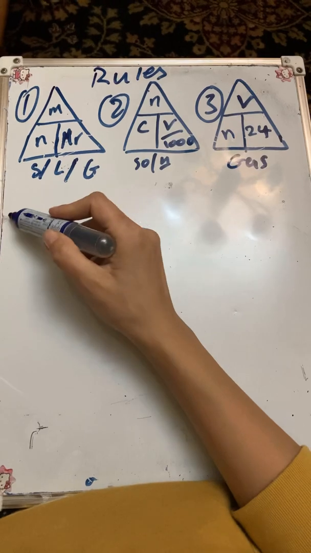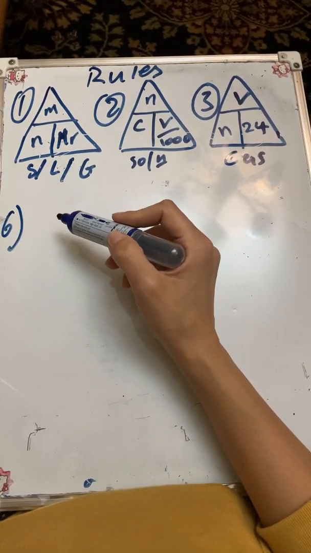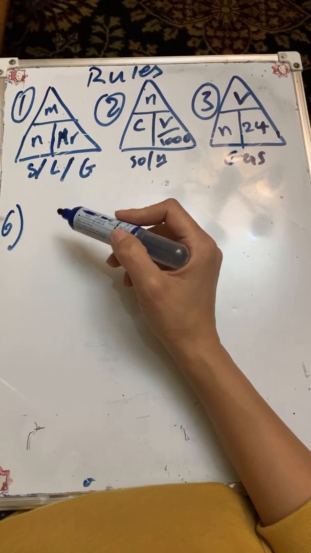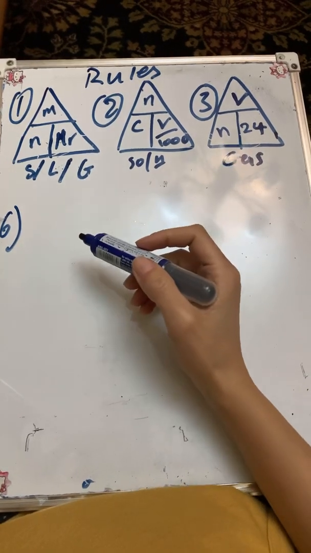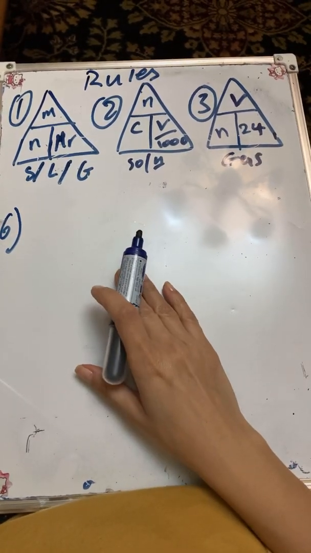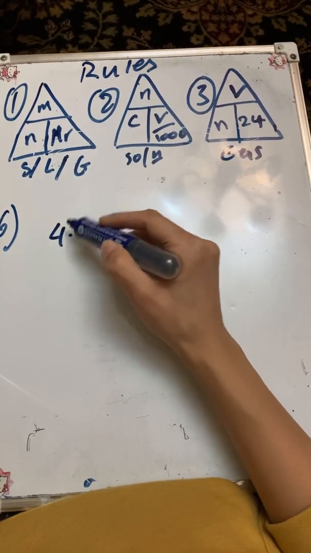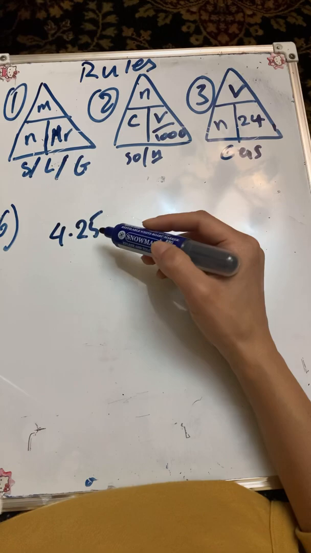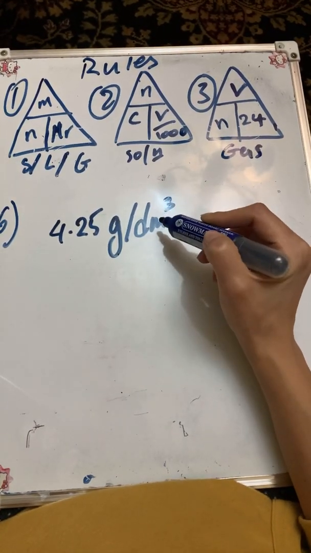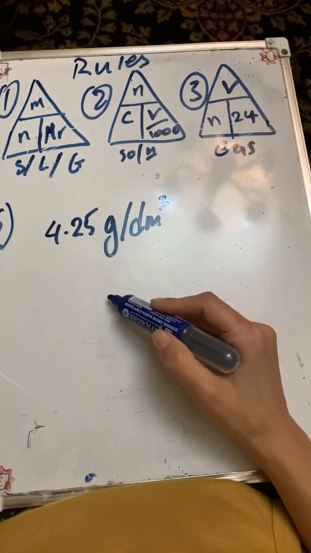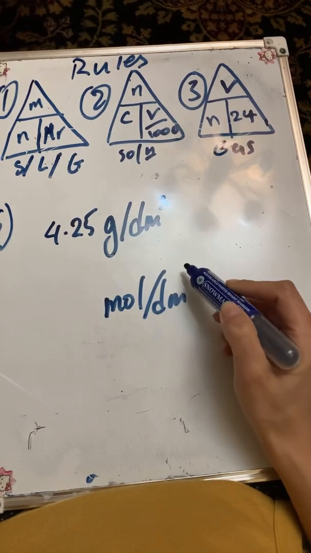Question number 6. What is the concentration in mole per decimeter cubed of 4.25 grams per decimeter cubed of sodium hydroxide? So you are given 4.25 gram per decimeter cubed, and you want the unit in mole per decimeter cubed.